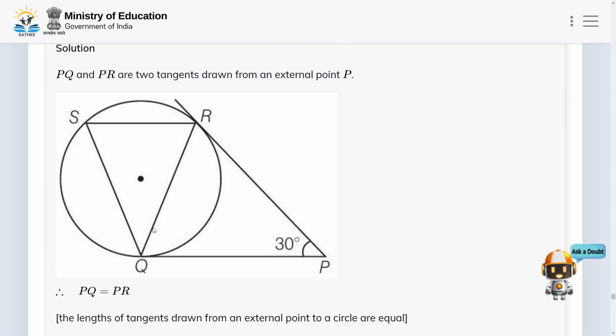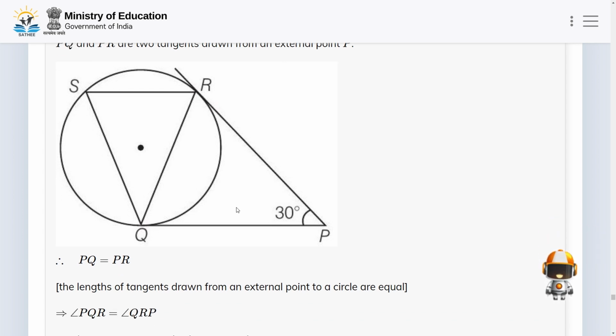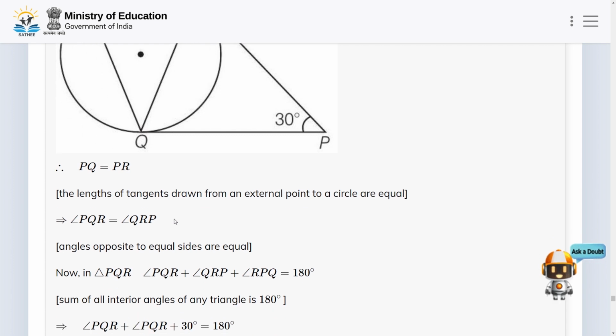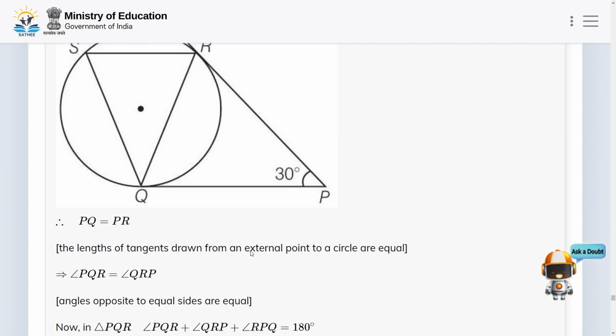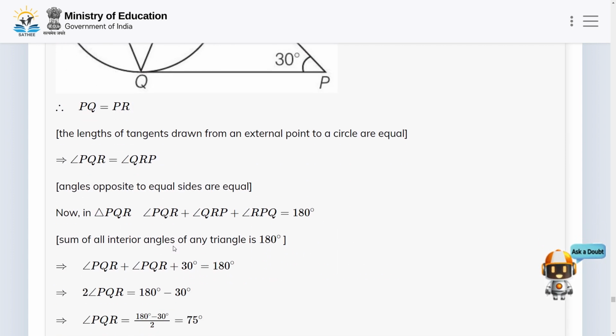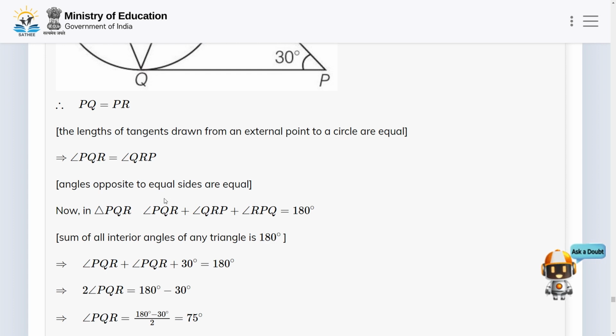So PQ and PR are two tangents drawn from an external point P, and therefore PR is equal to PQ. The lengths of tangents drawn from an external point to a circle are equal. So it implies angle PQR is equal to angle QRP, angles opposite to equal sides are equal.